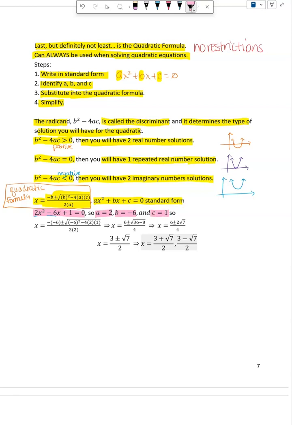And then c equals the positive 1, or the 1. So then we would take each of these, we put the 2 in place of the a, the negative 6 in place of the b's, and the 1 in place of the c. And then from there it's just plug and chug, which is what I call it, you just chug along until you find the answer. Okay? So that's how we do the quadratic.